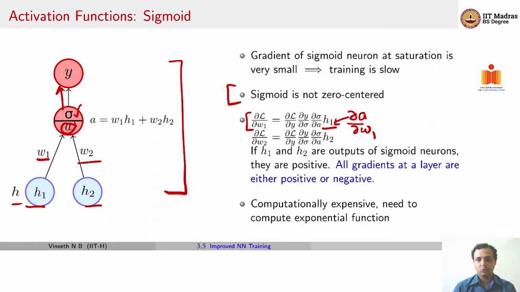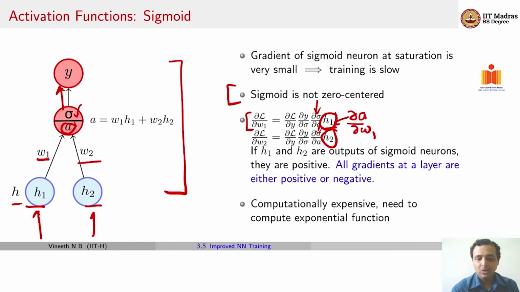Similarly for W2. If H1 and H2 were also outputs of some sigmoid neurons from a previous layer, they would both be positive. Which means you can see now that H1 and H2 would be positive. ∂σ/∂A, by the definition of the gradient of the sigmoid function, would also be positive.